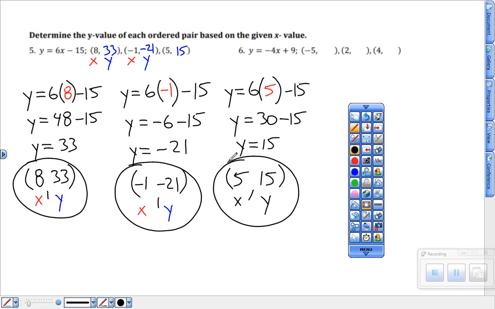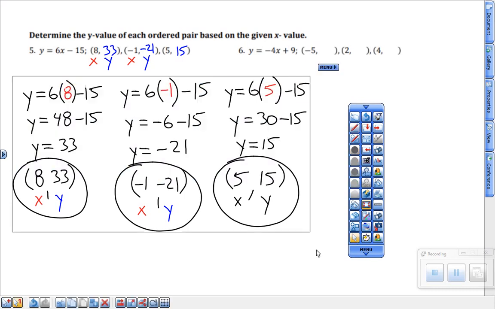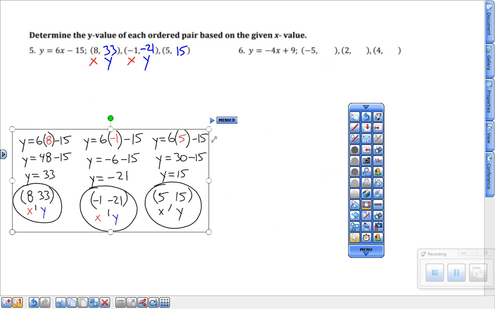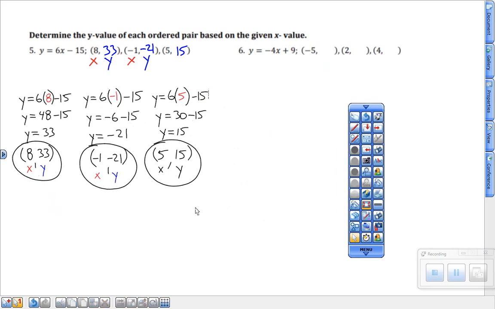All right, I'm going to shrink this down. I would like you on your paper, separate from the packet in your notebook, separate piece of paper, I'd like you to try this one where I give you the equation y equals -4x plus 9. I'm giving you the first value for x. I want you to plug it in and see what y is.